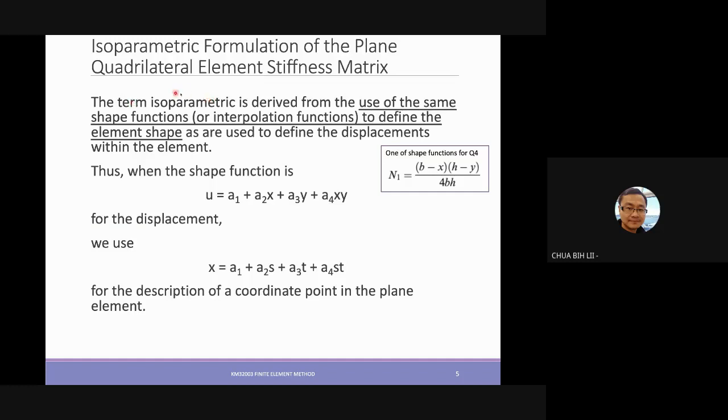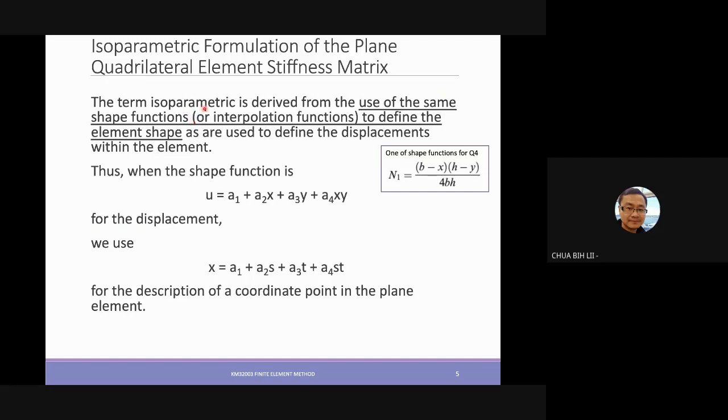The term isoparametric is derived from the use of the same, iso, parametric. This is referring to the parameter, and in this form, we are referring to the shape functions, or the interpolation functions. That's why in the earlier parts of the chapters, I specifically mentioned the importance of the shape functions. And we also know that the summation of the shape functions for all the nodes should be equal to 1 for the same element.